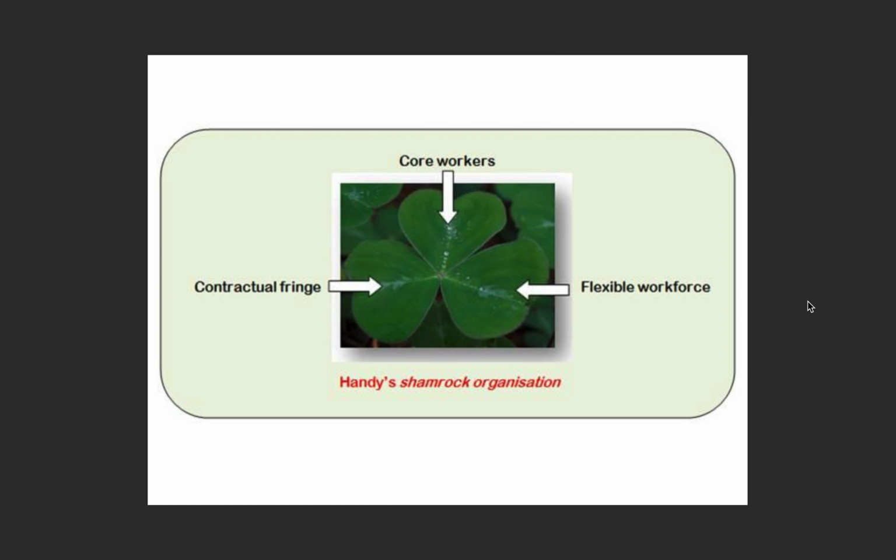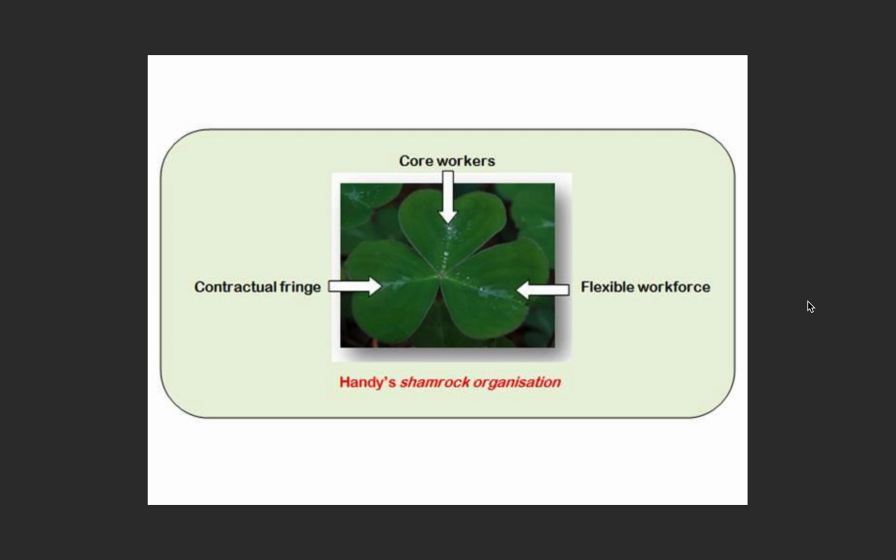The last one we're going to be talking about is Handy's Shamrock organization, and what the person who created this wanted to suggest was that a business can be more flexible by taking advantage of external factors and by having a relationship with each other.